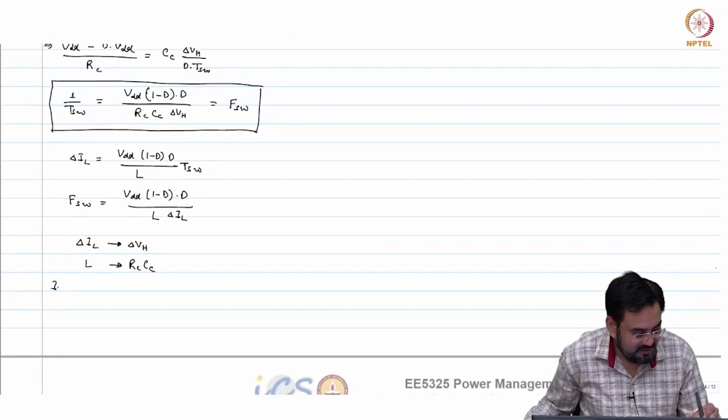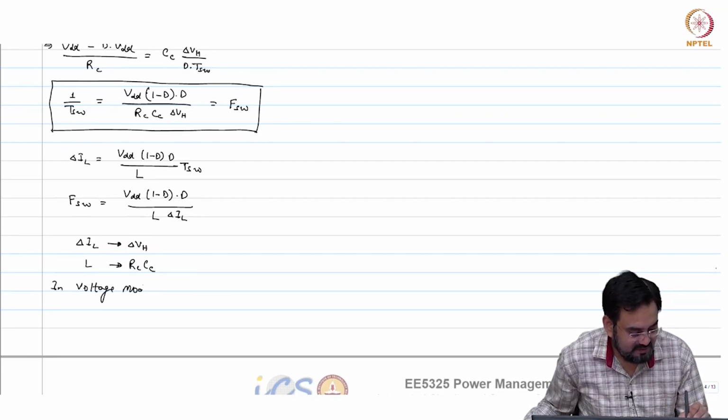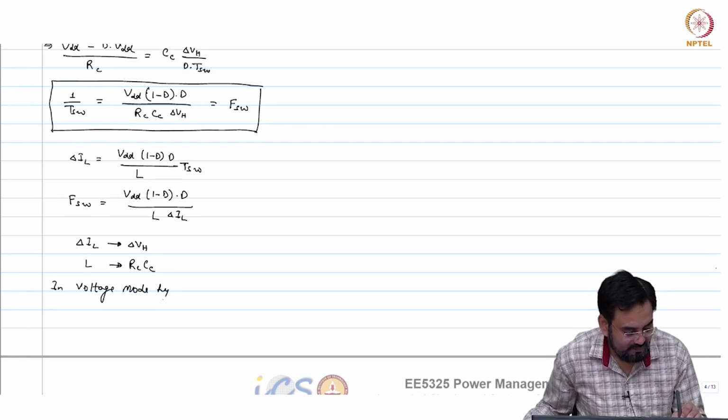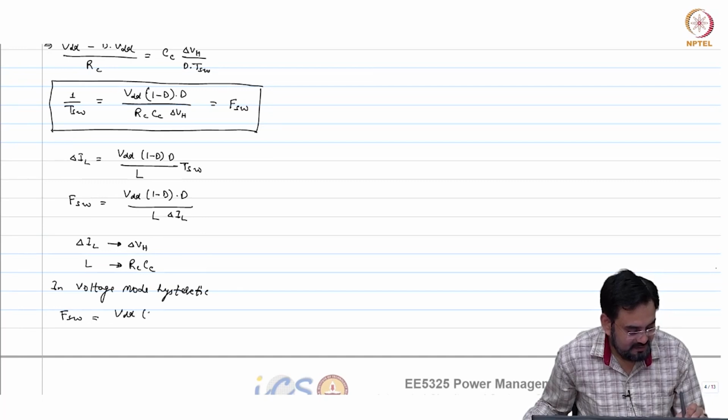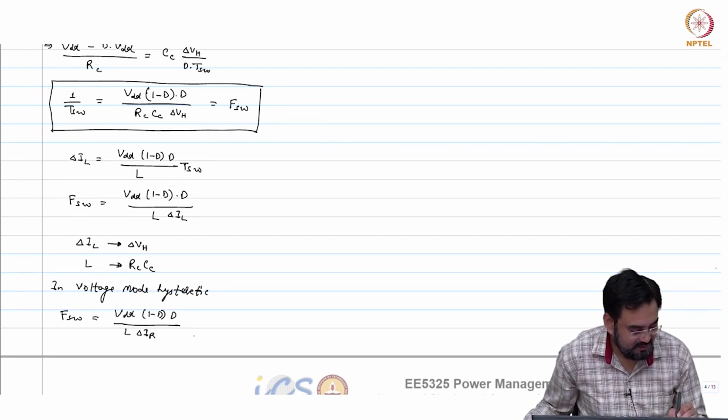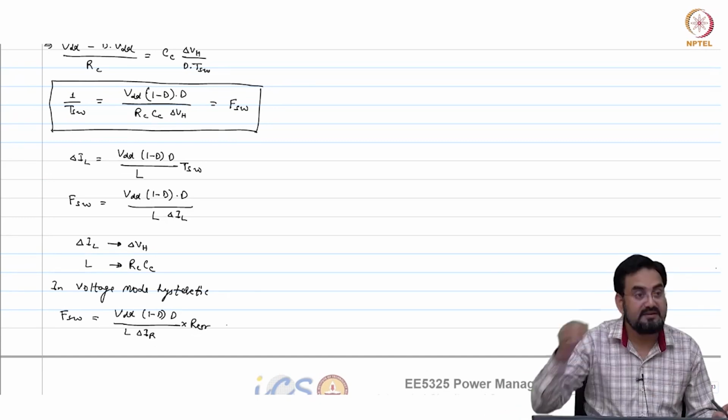Now, in voltage mode hysteretic, your FSW was VDD 1 minus D into D over L delta IL into, this is what you had.